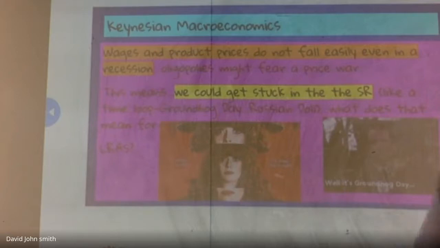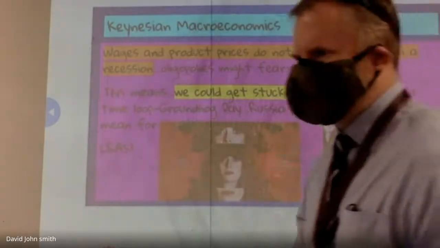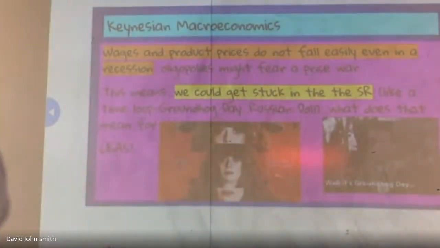Okay, so here's the implication from there. Keynes then went on to say, wages and product prices do not fall easily. So even the product prices, and you've seen this, you've gone to the supermarket, well, maybe you have butlers who do that for you. Maybe you do the grab thing.